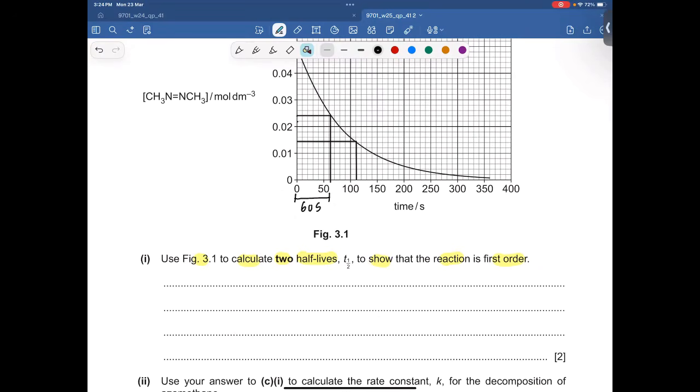Hold on. 0.025 divided by 2, 0.0125. Yes, it has to be here.